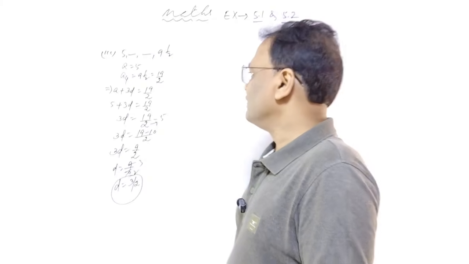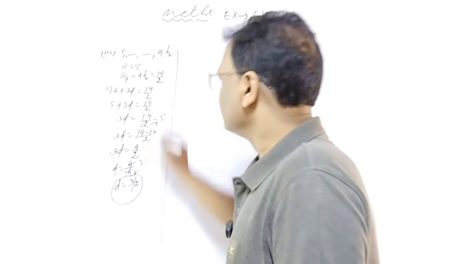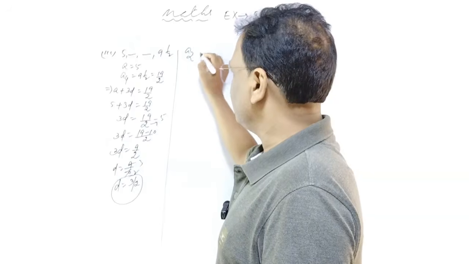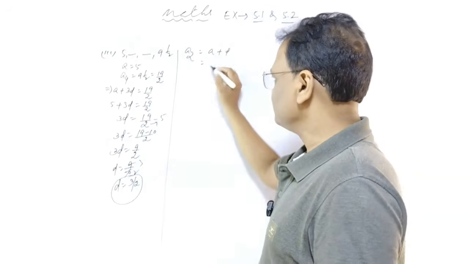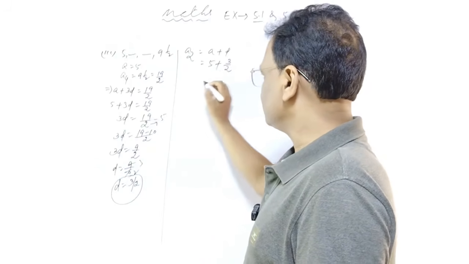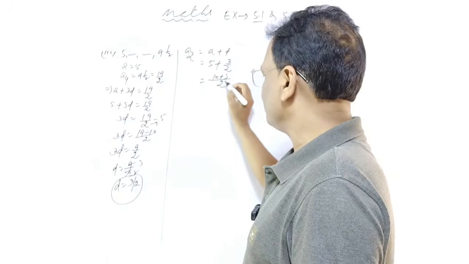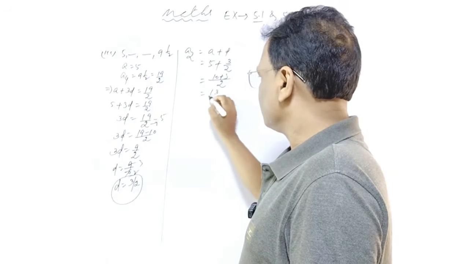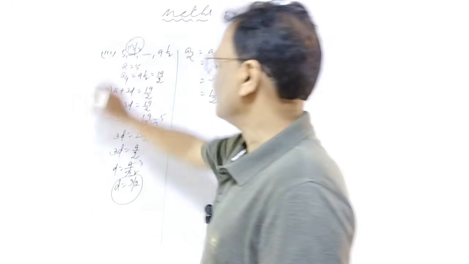This D value, if I substitute here, D already got, that means all the terms I can get. Second term, A2 is equals to first term plus D. The first term is 5 plus D is just what I got, 3 by 2. Very simple. Answer is 10 plus 3 divided by 2. So this one I just got 13 by 2, the second term.